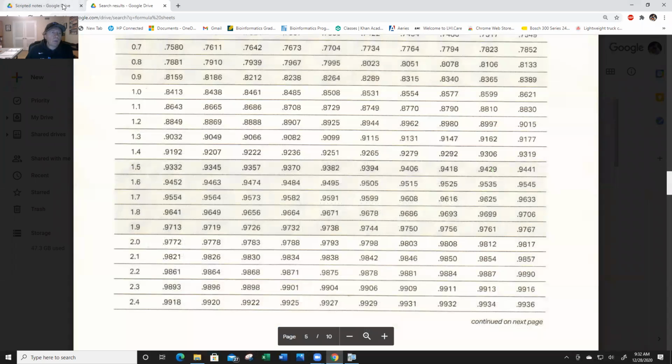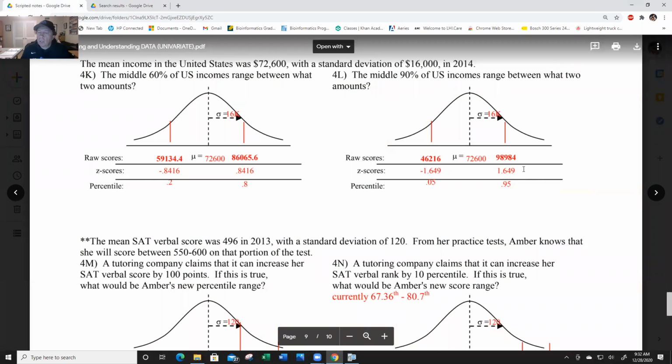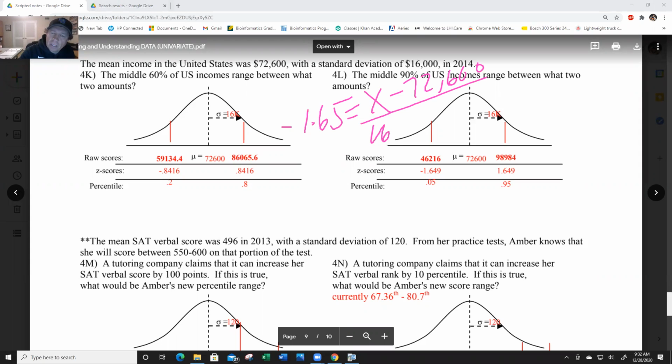Okay. So, all right. So let's go negative 1.65. I forget which one I did, equals x minus mu, and mu is 72,600, divided by the standard deviation of 16,000, which I put 16K there.